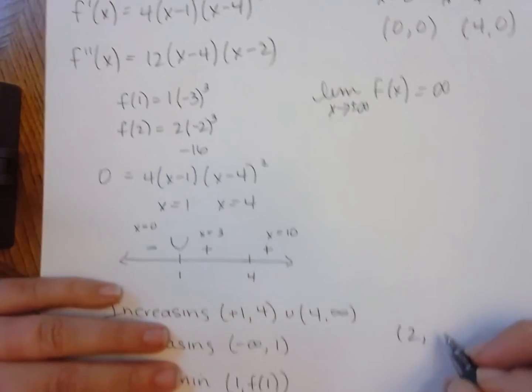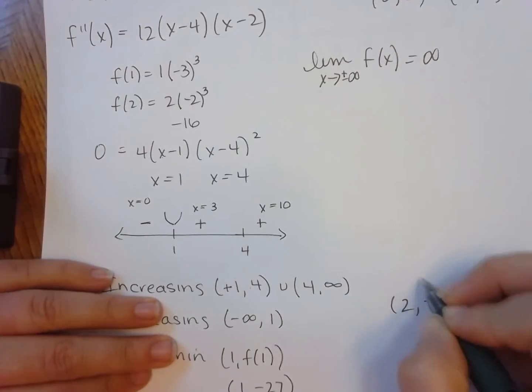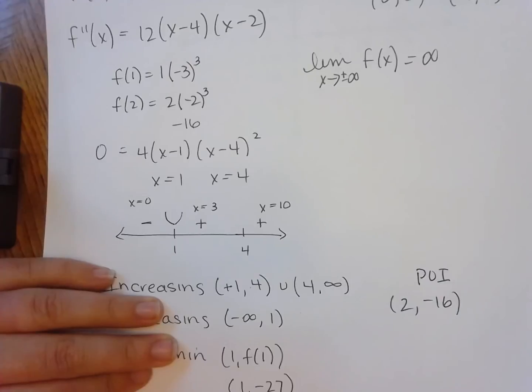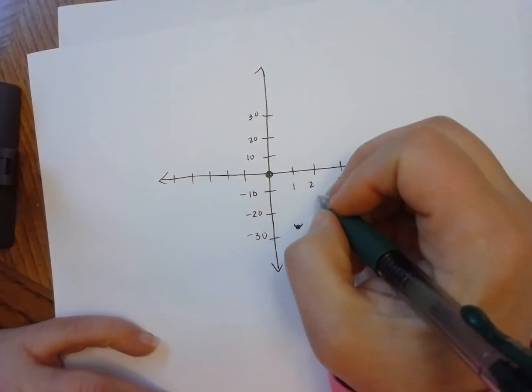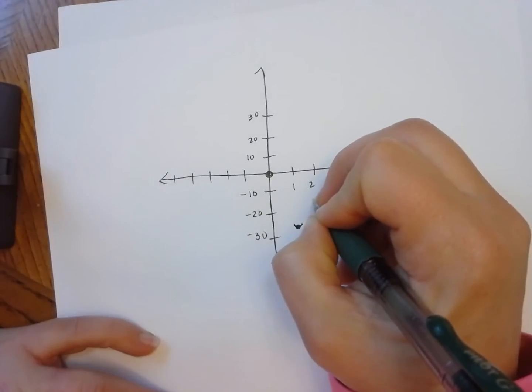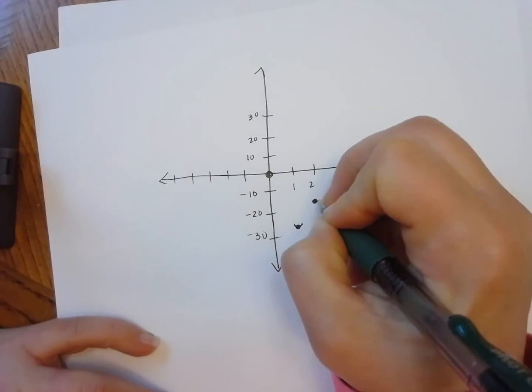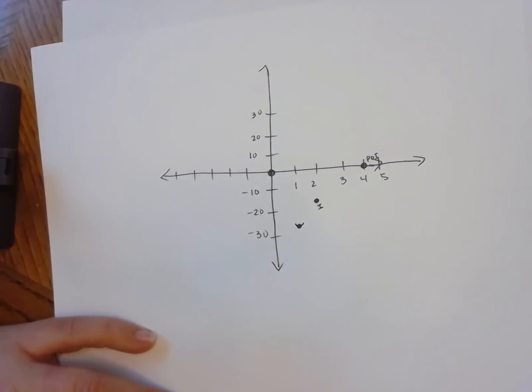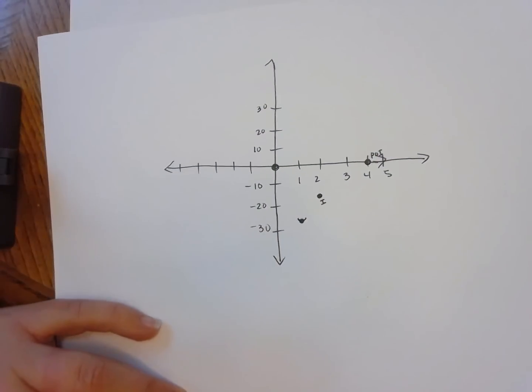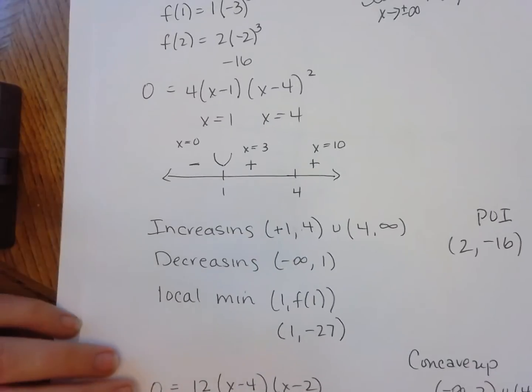So I have the point 2, negative 16, and this is a point of inflection, POI for short. Okay, so we'll put this on the graph. 2, negative 16 would be about here. I'm just going to put a little I. Maybe that's a little easier than POI. All right, so I have most of the important things on here.